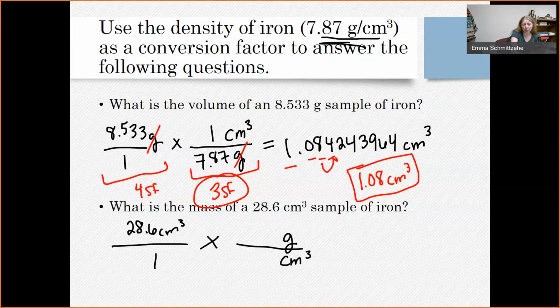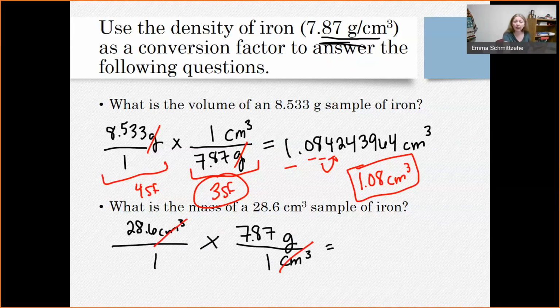Okay, sure, you can convert that grams to some other unit, but you don't need to. Okay, because I didn't ask you to. And then I just pull that information. It's 7.87 grams per 1 cubic centimeter. And so that is set up to where it will cancel my cubic centimeters and it will give me grams. And so then I don't even have to really think about it.